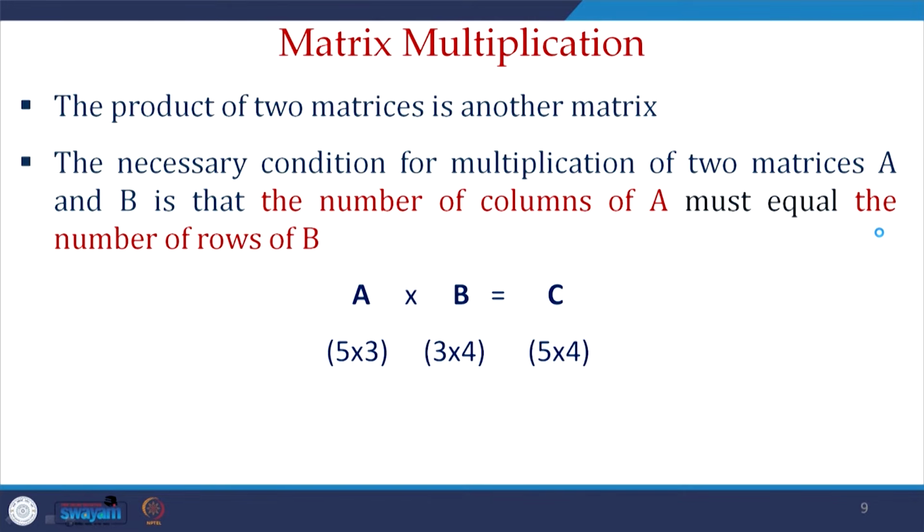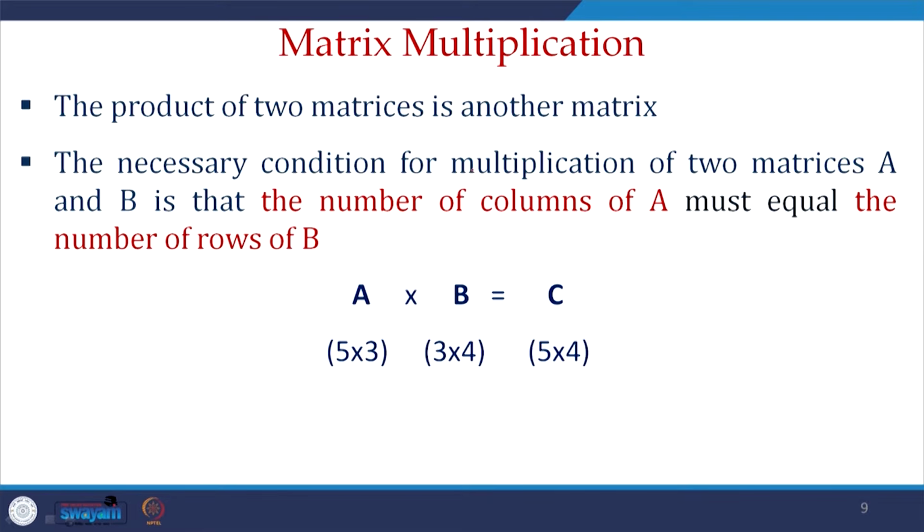Again, the product of two matrices is another matrix. However, here we have some conditions. We cannot multiply matrices arbitrarily. There should be some condition which must be satisfied. So, what is that necessary condition?